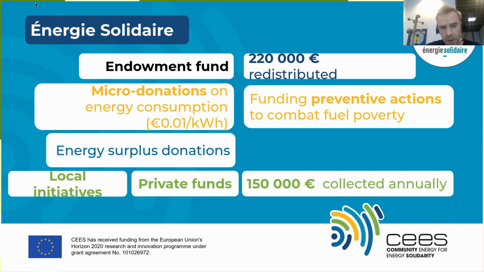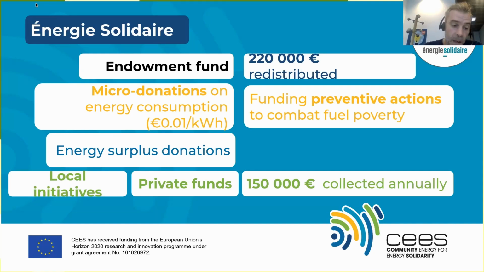And of course, we've developed another way of collecting donations. It's energy surplus donations. So for installations of collective consumption with solar panels, basically, you consume what you produce, but there's always part of what you produce that is not being consumed. And what we propose is for this surplus to be donated instead of being sold.